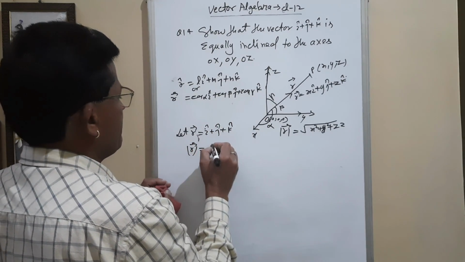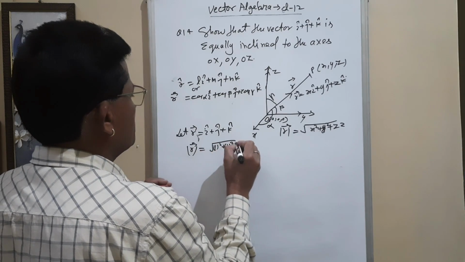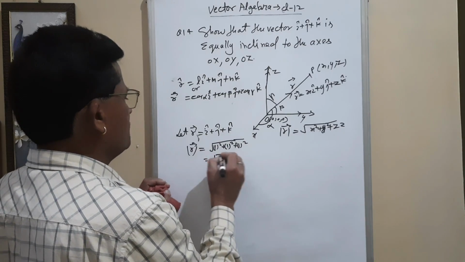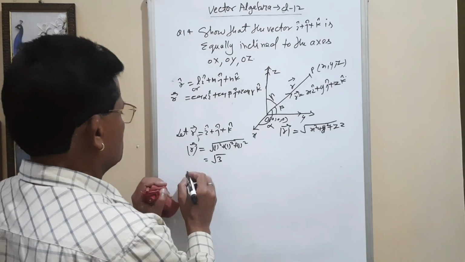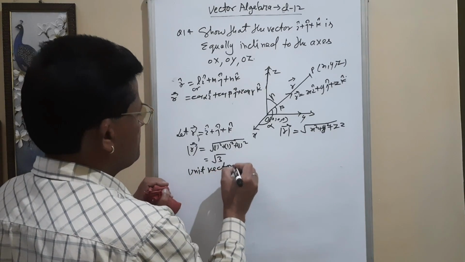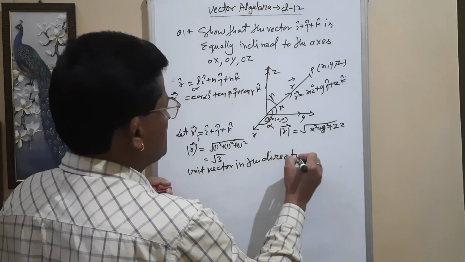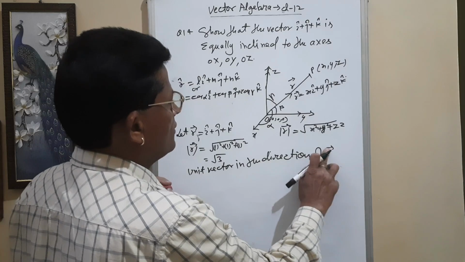It will be equal to root of 1 square plus 1 square plus 1 square. You take the coefficients of i, j, k and square them, root 3. Now the unit vector in the direction of vector r.